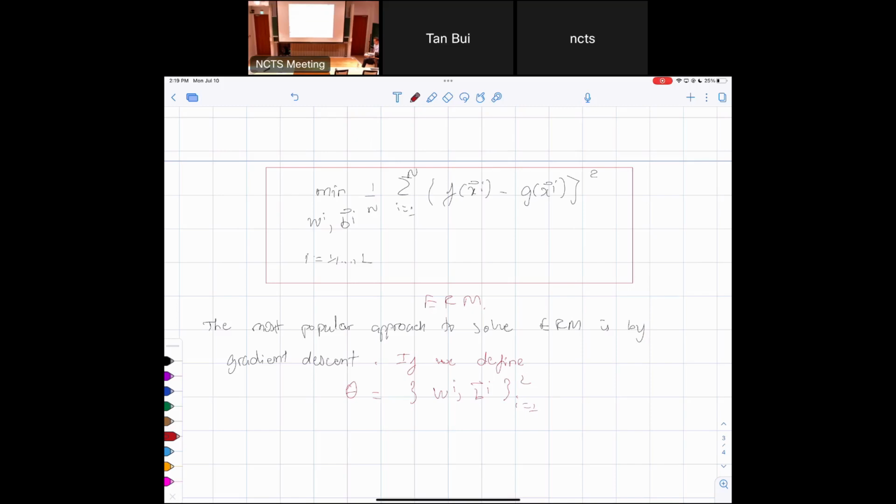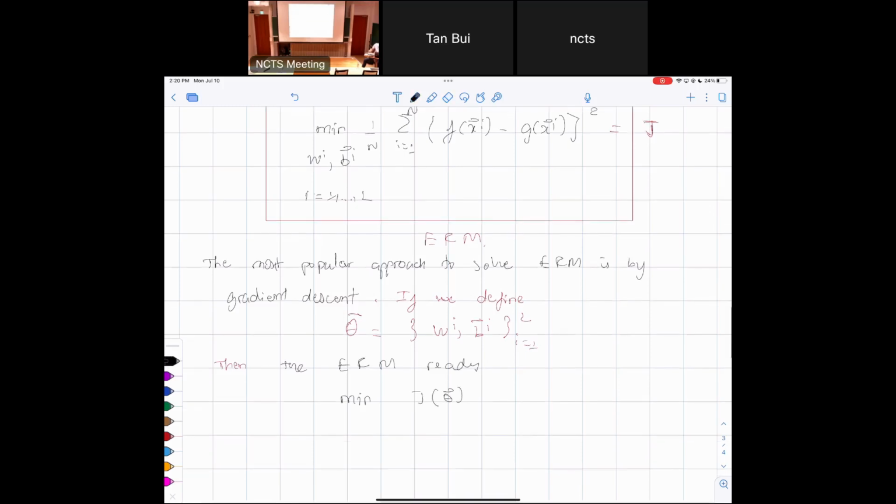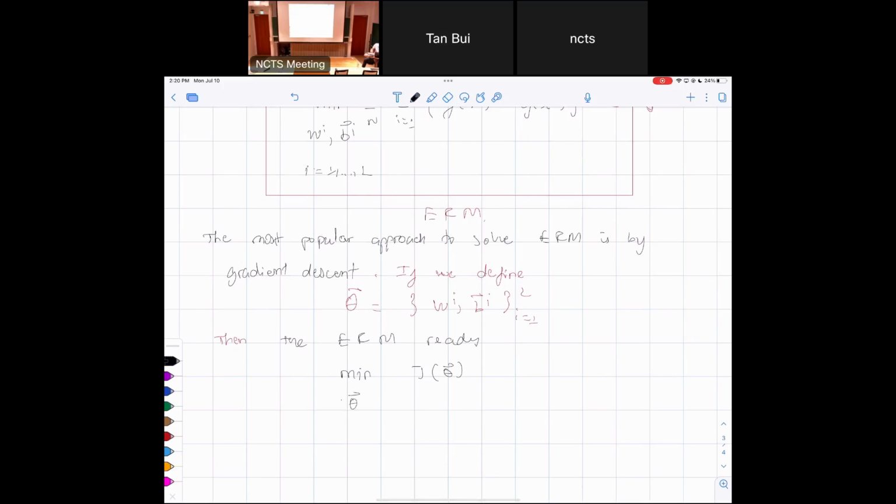You concatenate them into one single big vector, and this we just simply call J. Then the ERM reads that we minimize J as a function of theta, and this is theta in whatever space that theta lives.